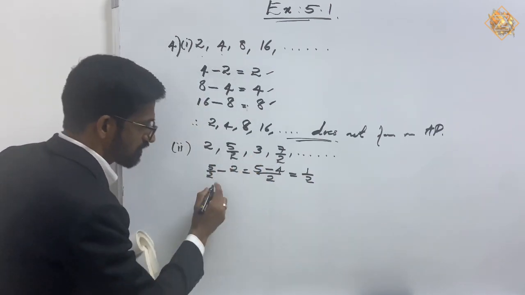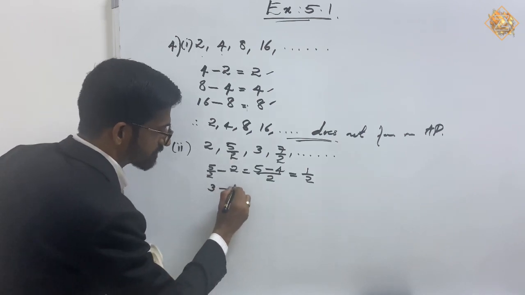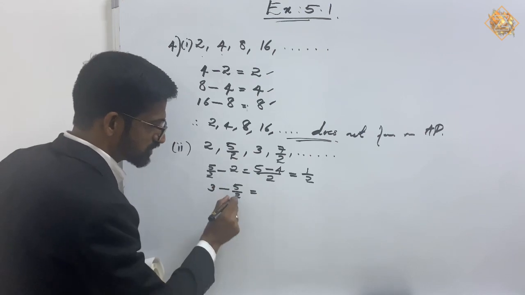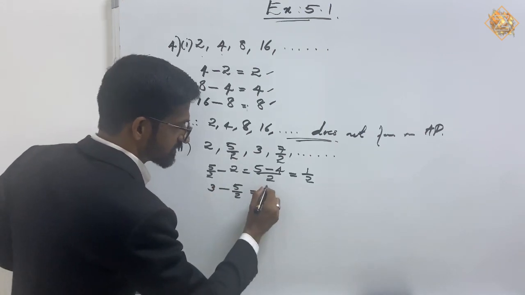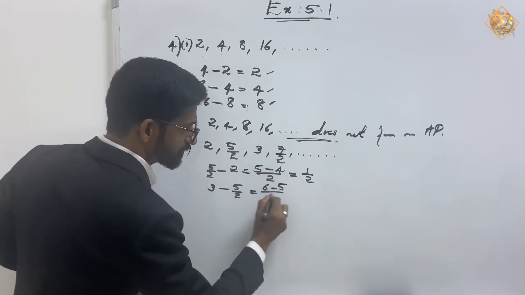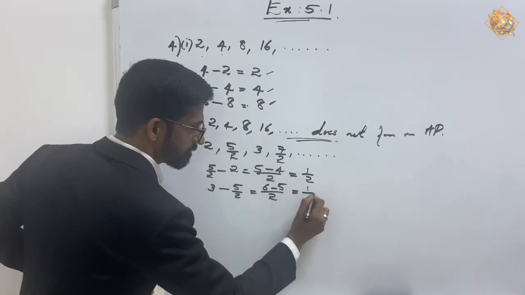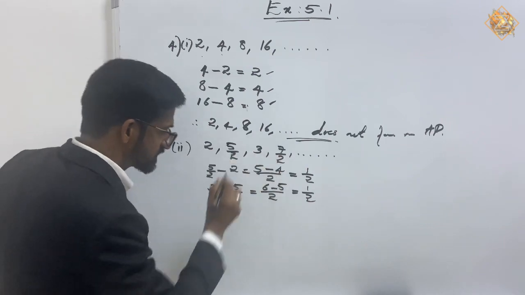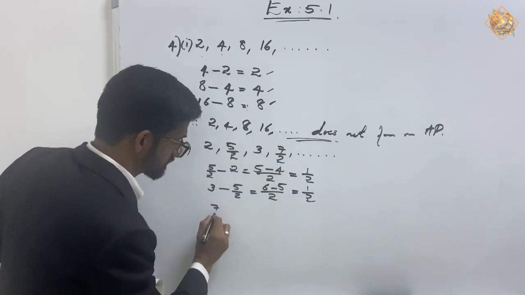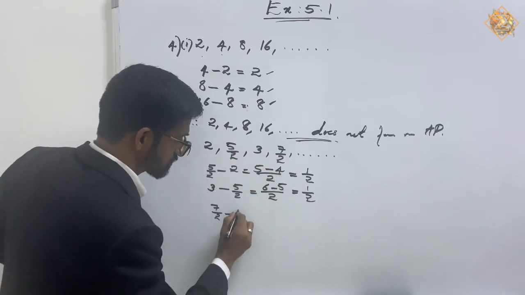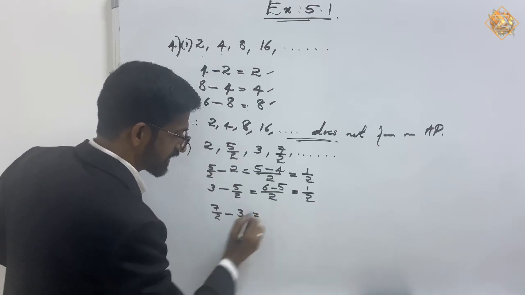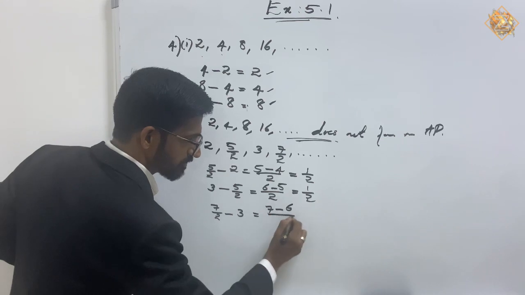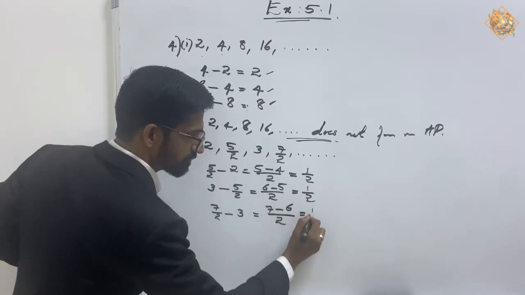Next, from the third term, we have to subtract the second term, isn't it? So here we will do the cross multiplication. So it is 3 into 2, that is 6, minus 5, over 2. 6 minus 5 is 1/2, isn't it, students? Now, from the fourth term, we will subtract the third term, that is 7/2 minus 3. Again doing the cross multiplication, we get (7 minus 2 into 3, which is 6)/2. 7 minus 6 is 1/2.